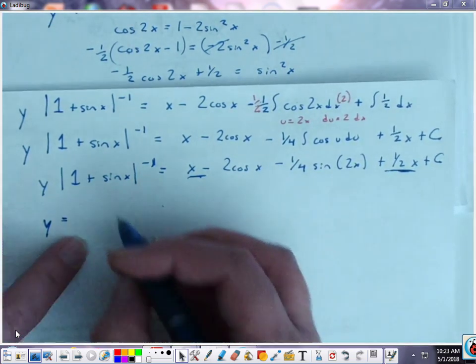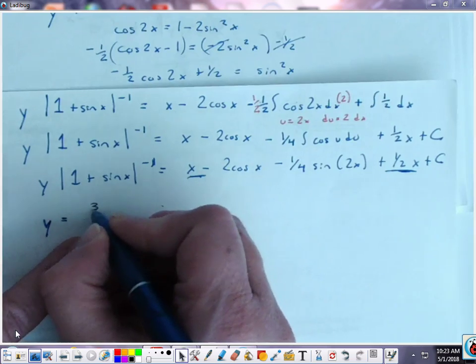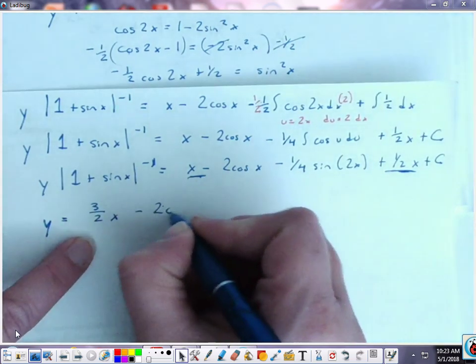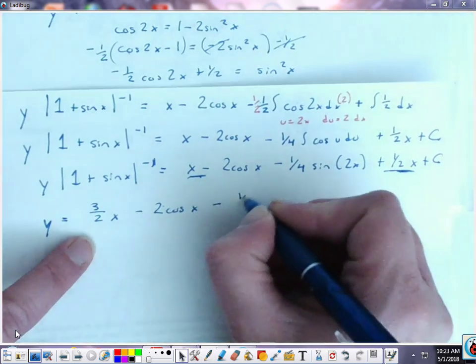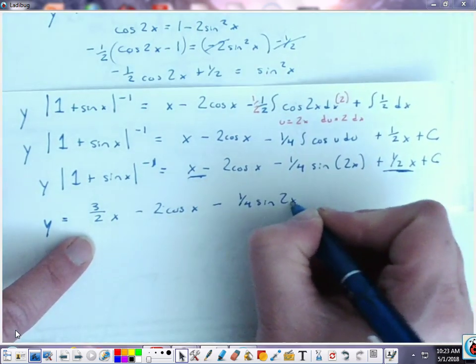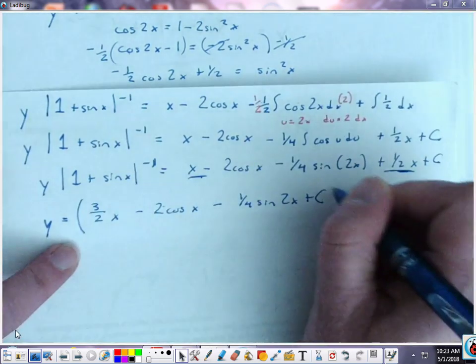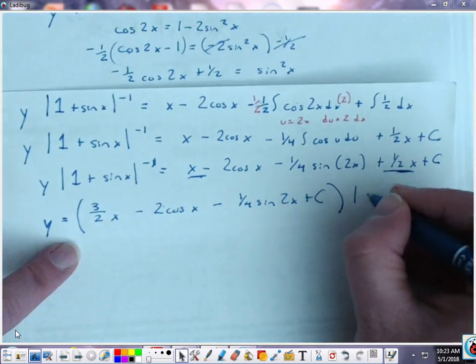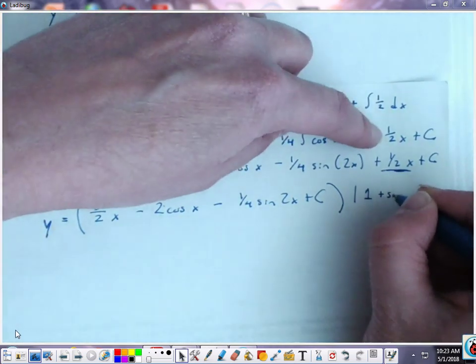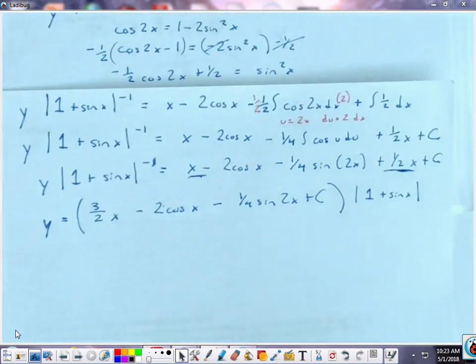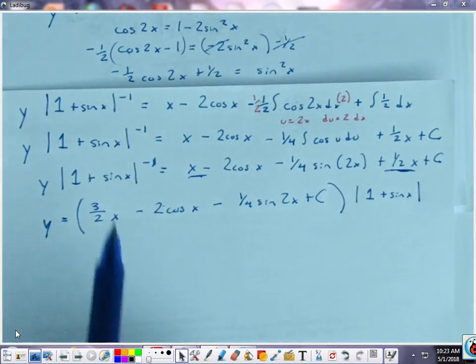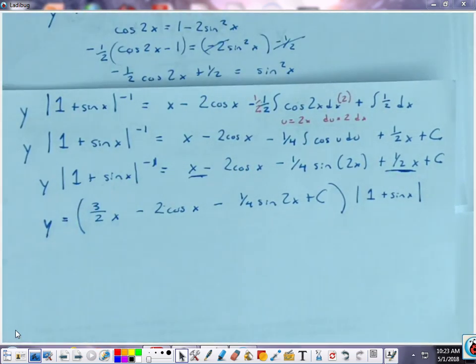Yes. Okay, so I would have 3/2 x minus 2 cosine x minus 1/4 sine 2x plus c, that is times 1 plus sine x. Okay, because this is like having y over 1 plus sine x, so you're multiplying both sides by it to get it to cancel.